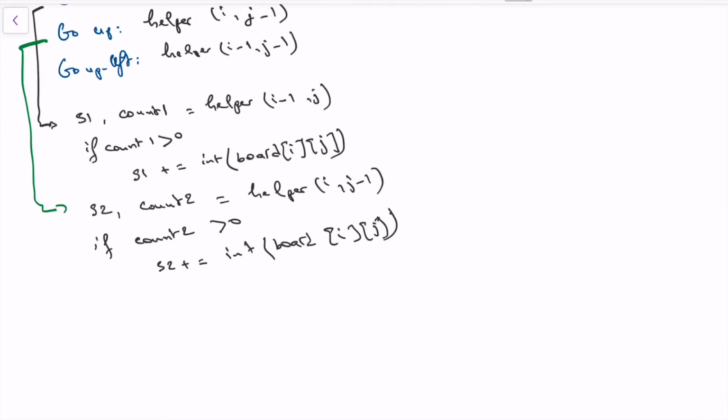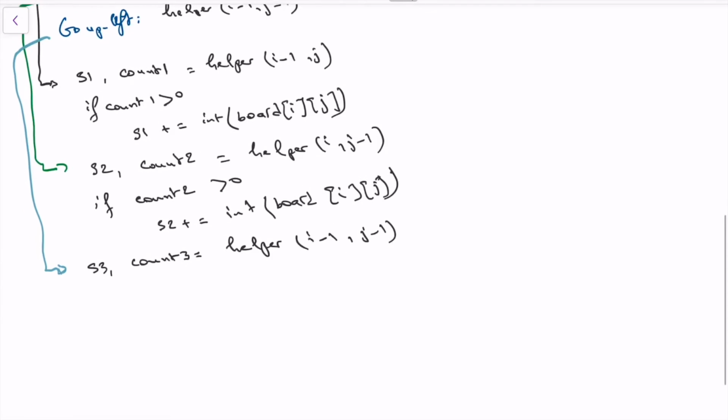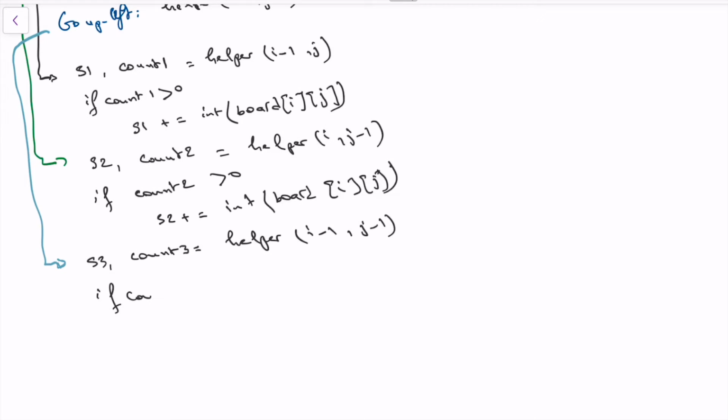And again, we'll do a similar thing for going up left. That would be s3 and count 3, a helper at i minus 1, j minus 1, and if count 3 is bigger than 0, which means there is a way to get there, we will add to s3 the value at board ij.